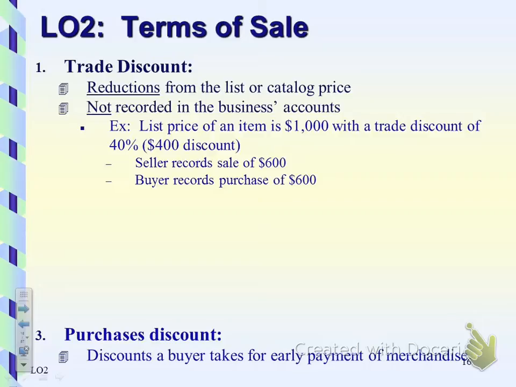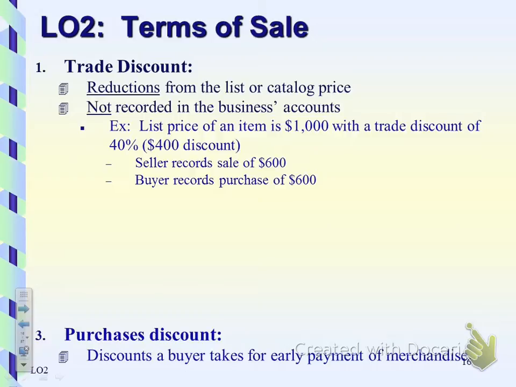So for instance, let's say I had a catalog. If I was a buyer for Target and I'm buying, maybe, tissues from Puffs, whoever makes Puffs, okay? These guys are going to have a list price for a box of tissues. Maybe that list price is $10, okay?